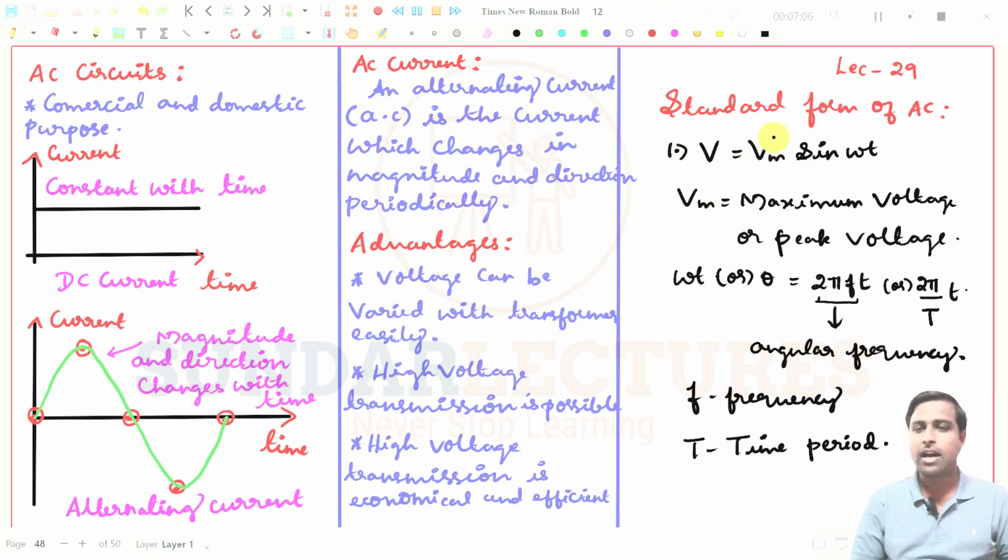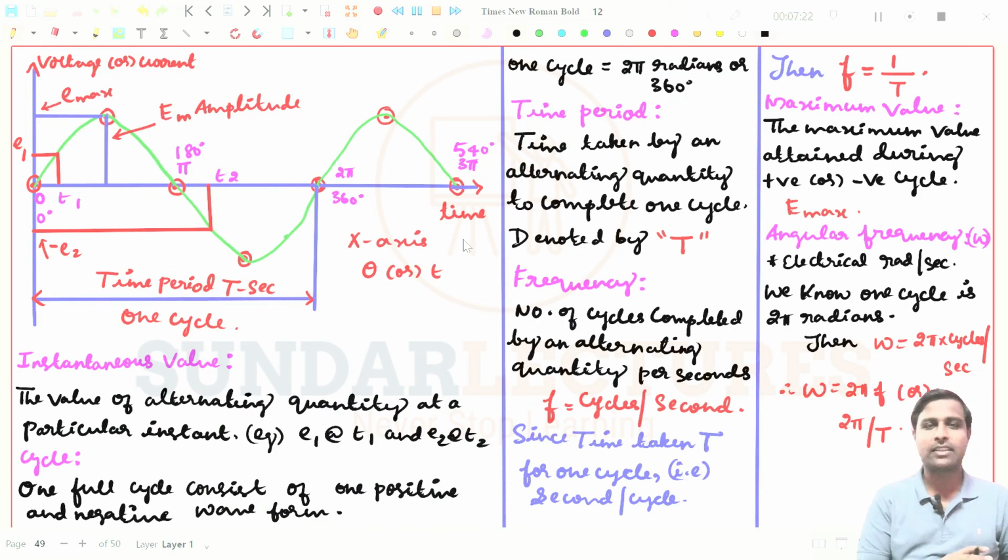Anyhow, a standard AC can be denoted by V is equal to Vm sin omega t, or I is equal to Im sin omega t. That is also possible. We have just taken this expression for our understanding. So let us take this waveform, which we will call a sine wave, since it follows the sinusoidal expression.